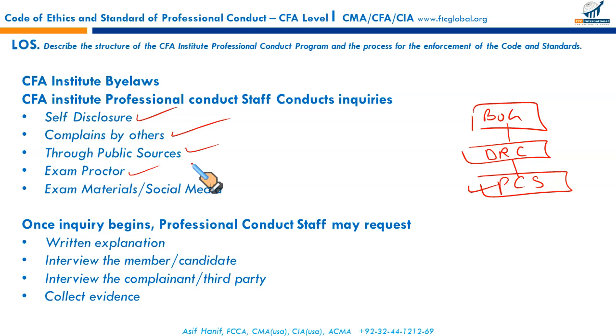Of course, that is specifically related to CFA candidates. And then finally, the analysis of exam material and monitoring of social media by the CFA Institute. Maybe you are violating copyright, or perhaps you might be sharing the exam contents with fellow students.